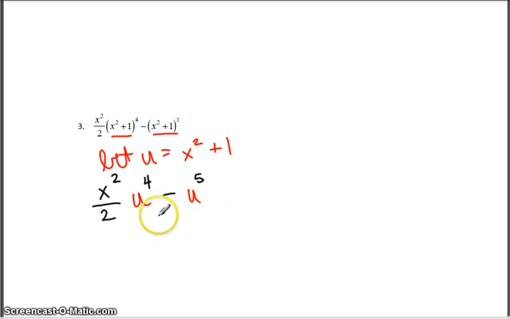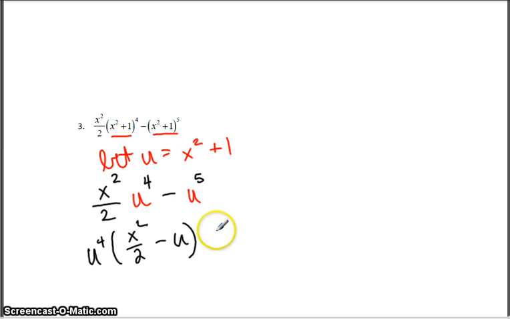The common factor is U to the 4th. Take that out. That leaves x squared over 2 minus U. And there's nothing else we can do. So we will put the x squared plus 1 back in.